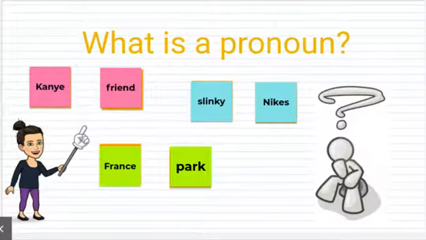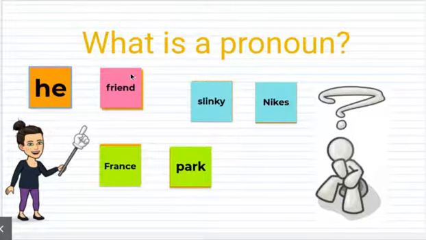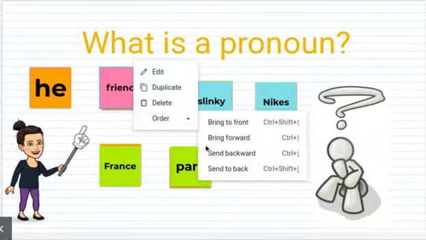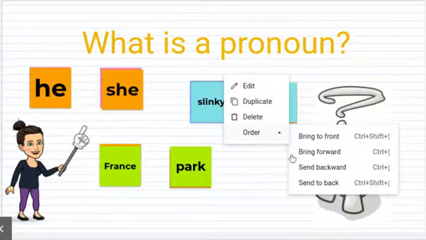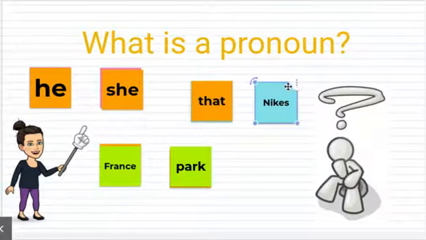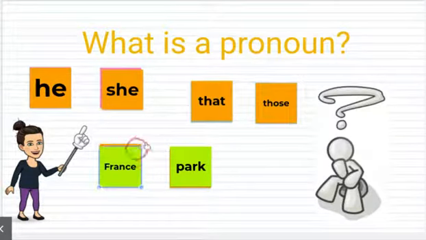So when we're talking about pronouns, a pronoun is a noun that replaces another noun, which means that Kanye could turn to he, and your friend could become she, and a slinky could become that. Your new pair of Nikes could become those.